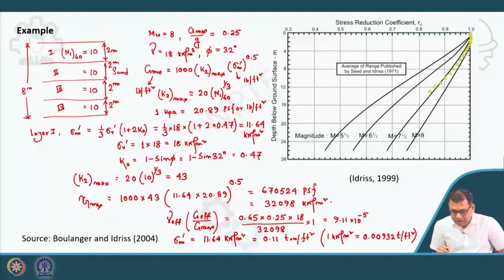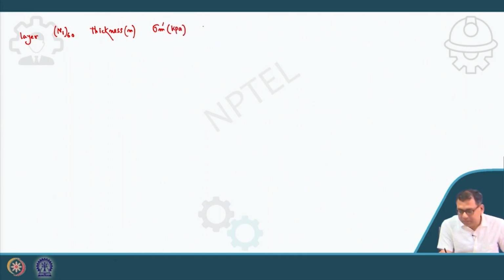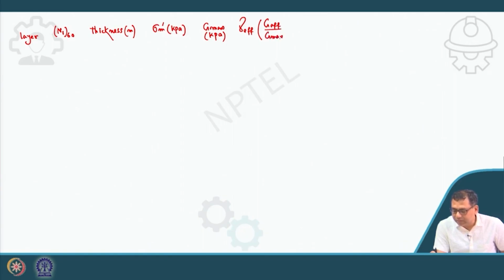Now if I write in a tabular form, my layer number, this is N160, this is the thickness in meter. Then this is sigma m dash in kPa, this is G max in kPa, this is effective strain into G effective divided by G max.